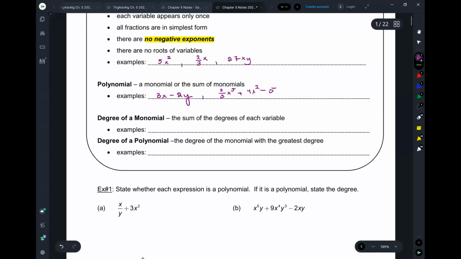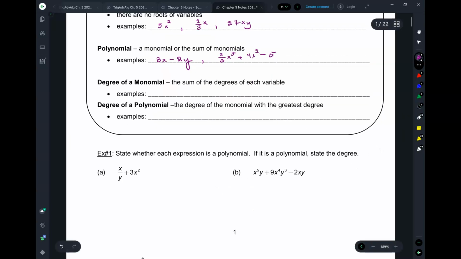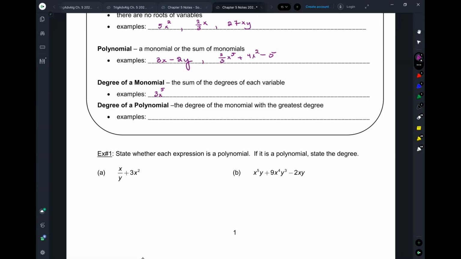Okay, the degree of a monomial is the sum of degrees of each variable. So for example, if I have 3x to the 5, look at the variable, it's just an x. The exponent is a 5, so this has a degree of 5.